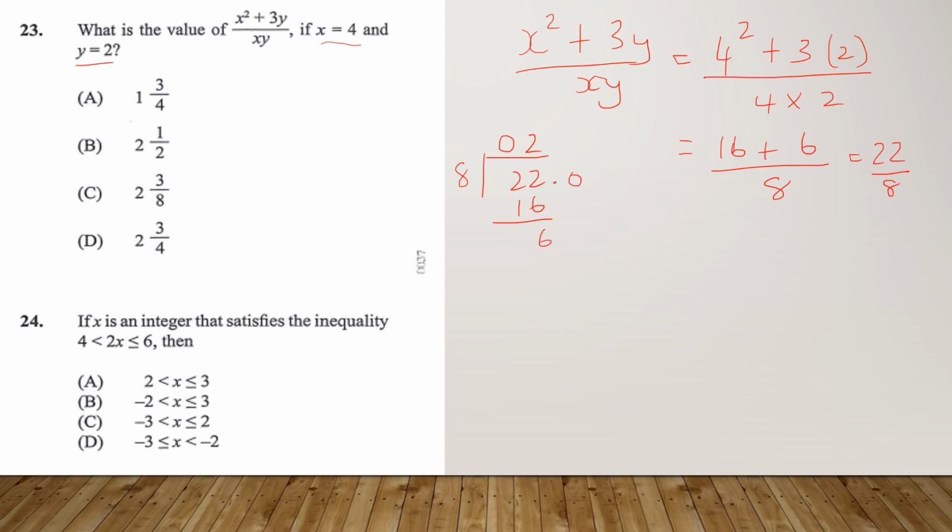So we're bringing down the 0. That's a 2 point. So we realize the answer can't be A. And 60 divided by 8 is 7, which is 50. 8 times 7 is 56.